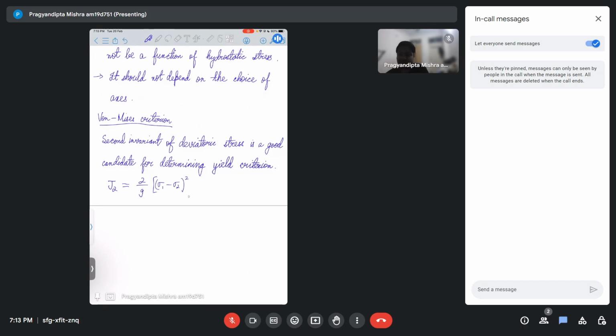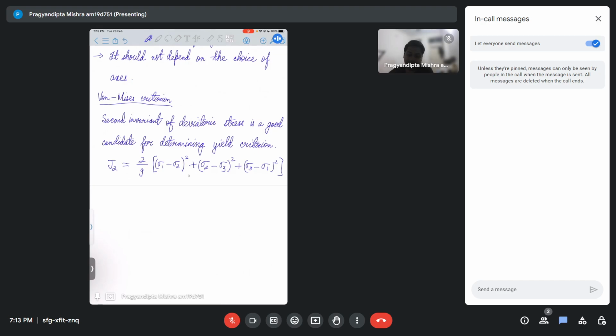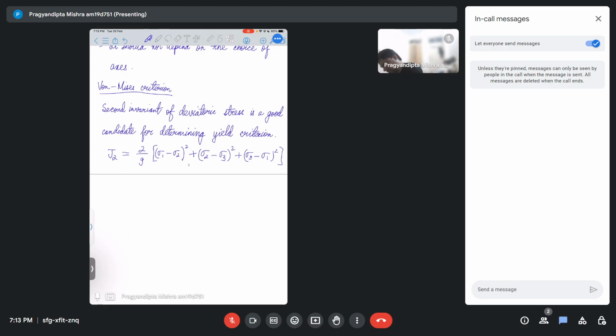So if you're writing it in terms of principal stresses, this is your J2. Essentially, if we take this function in terms of functional form, we'll remove the constant, the 2 by 9.